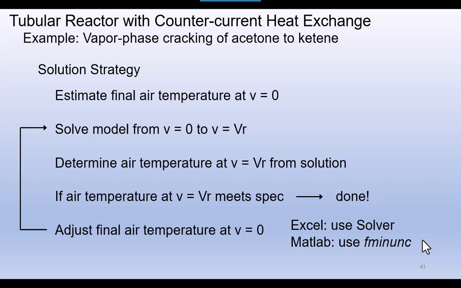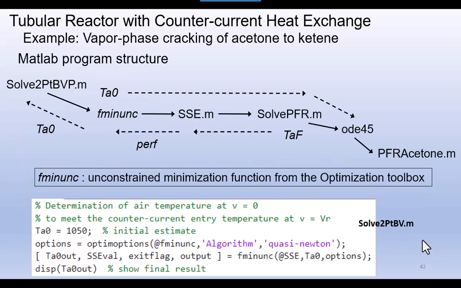Now we're going to lay that out in a diagram and create the code in order to do this. And even though our model is simpler than the ammonia model, the strategy that we need to put together to solve the two-point boundary problem is more complicated. So this is the general strategy that we have.